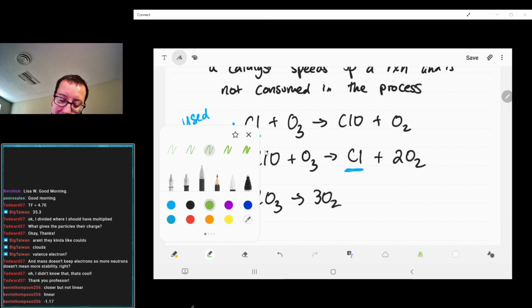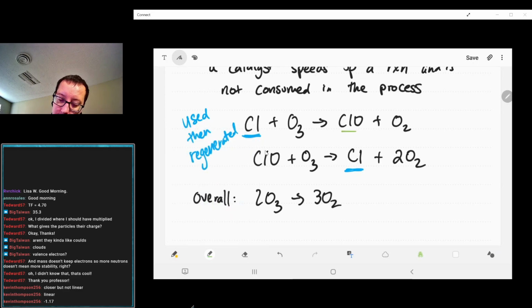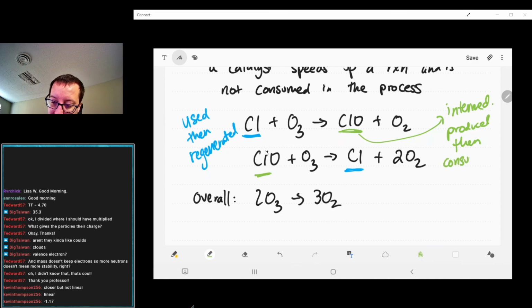An intermediate, on the other hand, is going to be produced and then consumed. So it's kind of the opposite idea here.